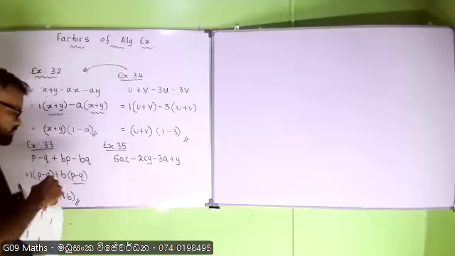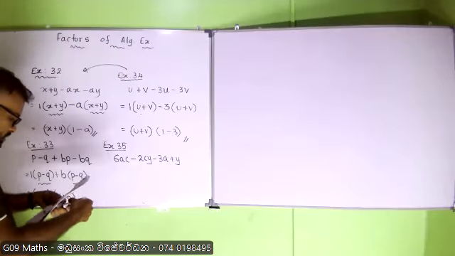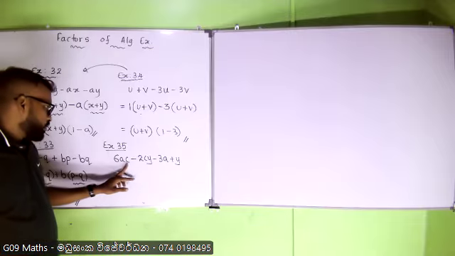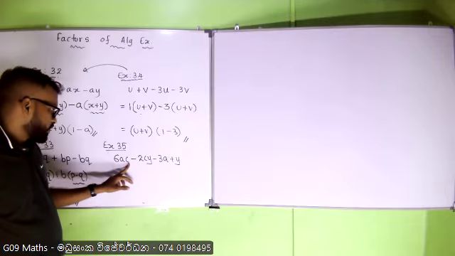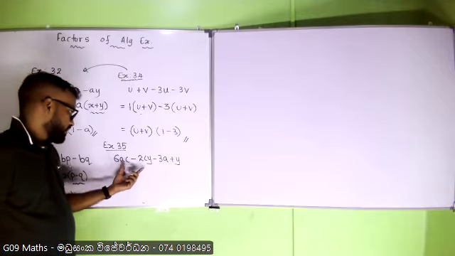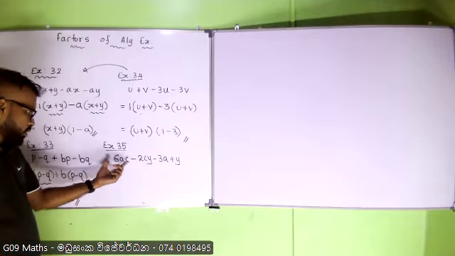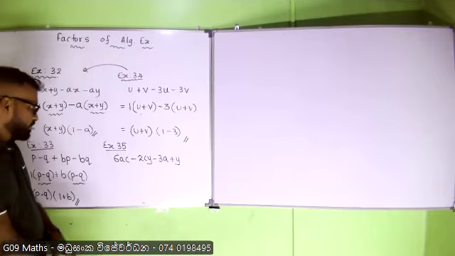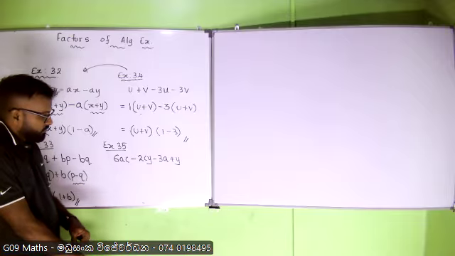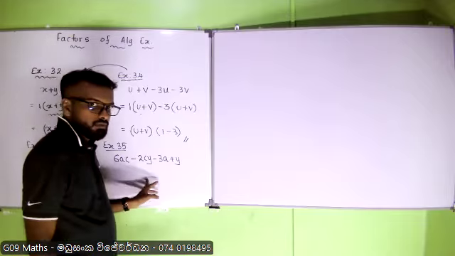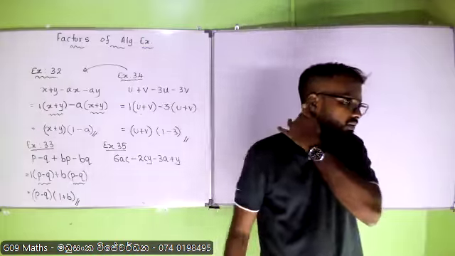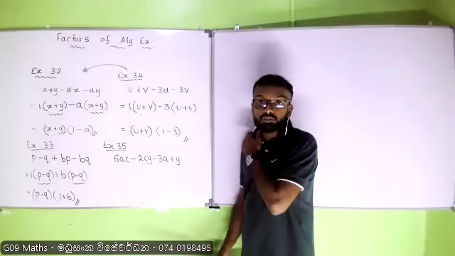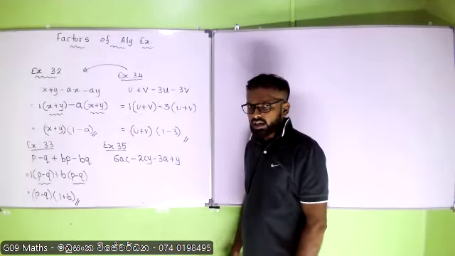And now, by looking at this, what is the common term you are going to take out from these two terms? Can anyone tell me? What are the two terms that you are going to take? 2c, 2c, yes. 2c. You are going to take 2c out. Why is that?